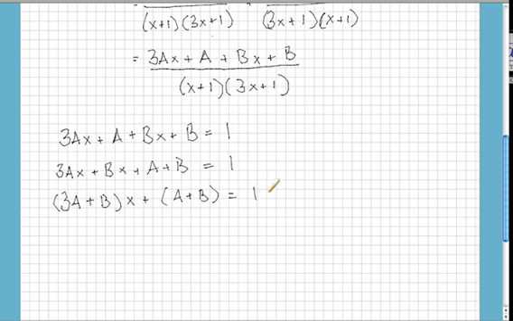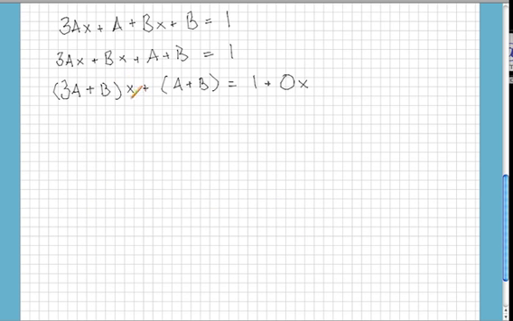I'm going to go ahead and reflect how many x's are on the right-hand side of this expression right here. Because what we're going to do is we're going to take the left-hand side and the right-hand side and we're going to start matching them up. So I'm going to match up my x's and I'm going to put an equal sign in between them. So 3a plus b times x is equal to 0x. And let's match up the not x's. A plus b is equal to 1.